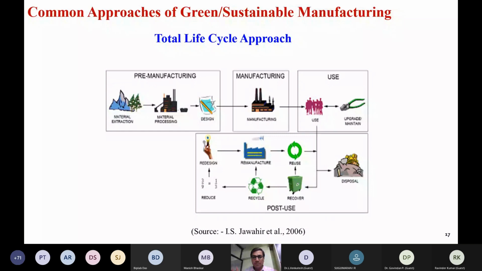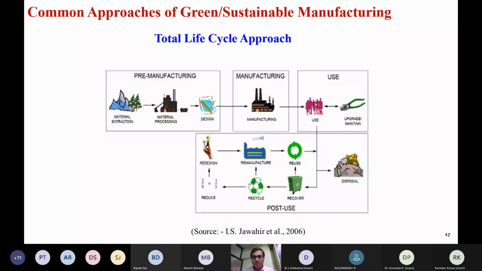Then use: after making the products, they go to the customer. The customer should also think about what changes we should make to the product while using it. As I said, nowadays we are getting refrigerators and air conditioners with energy ratings. That helps in use, and also in how long we can use the thing. After use, can we throw it directly and waste it?